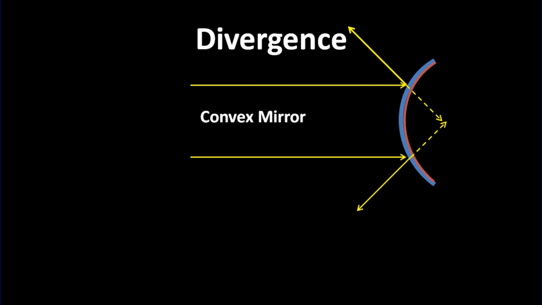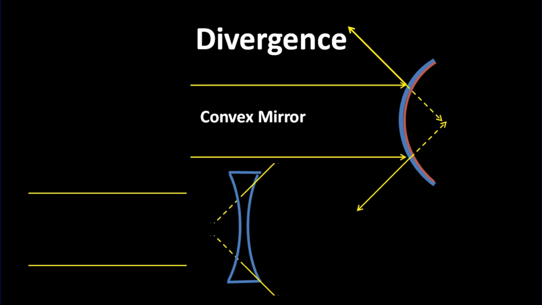Divergence can also be seen in convex mirror. You see, the light rays after reflection appear to come from a point. Divergence can also be seen in case of a concave lens.